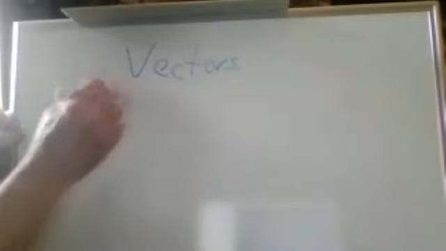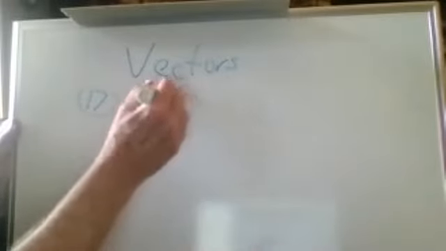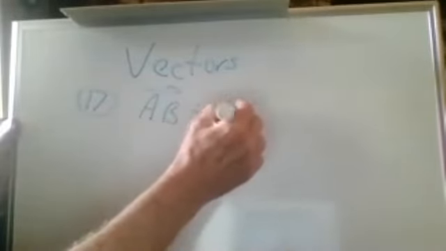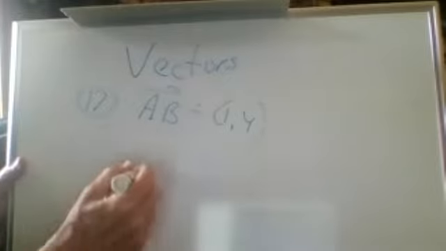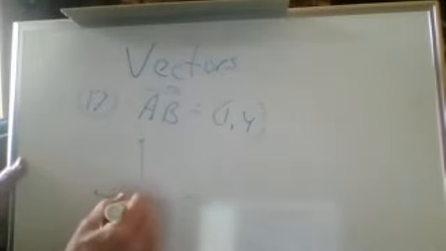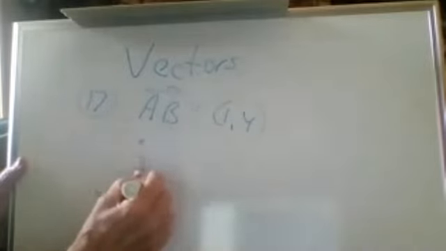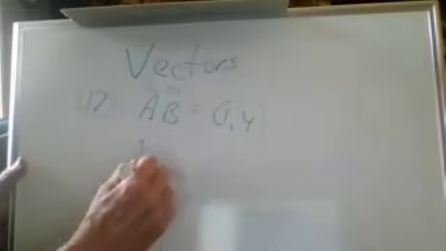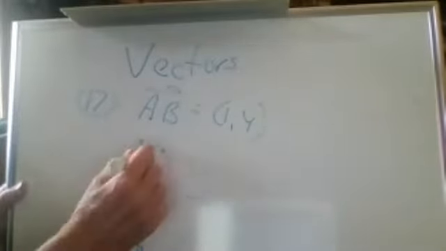Number 17 says vector AB is (1, 4). That means from standard position, if we go 1 and then 1, 2, 3, 4, then the vector goes like that. That would be my vector AB.